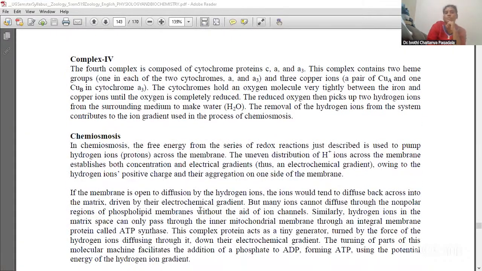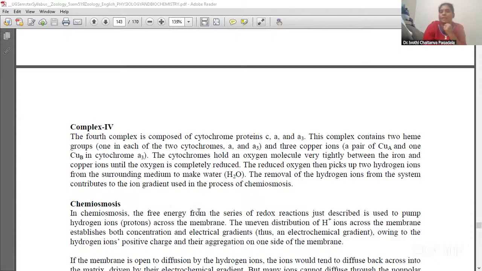What is chemoosmosis? The free energy from the series of redox reactions we just described is used in pumping hydrogen ions across the membrane. The uneven distribution of hydrogen ions across the membrane establishes both concentration and electrical gradients.